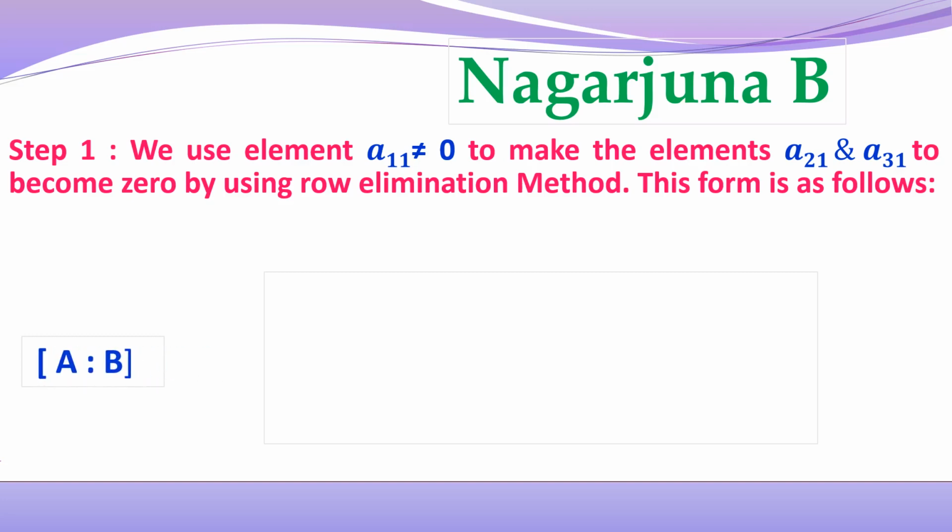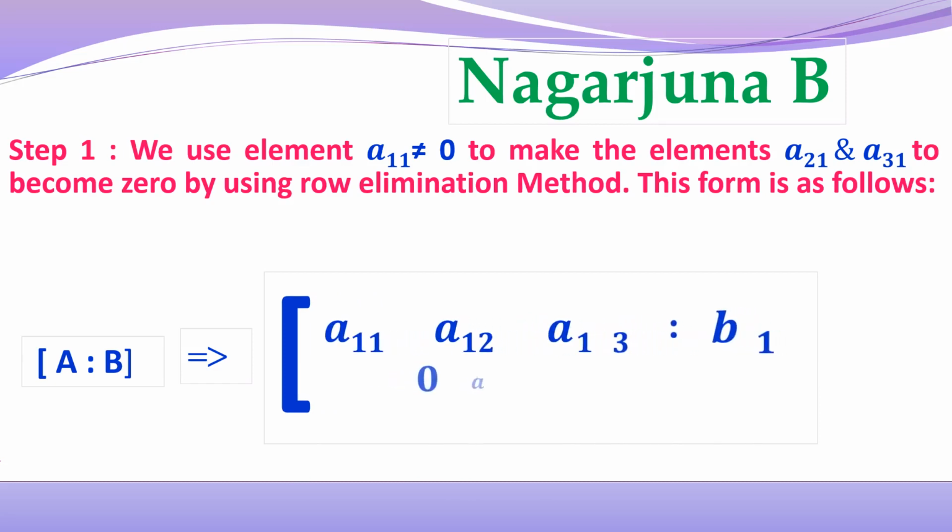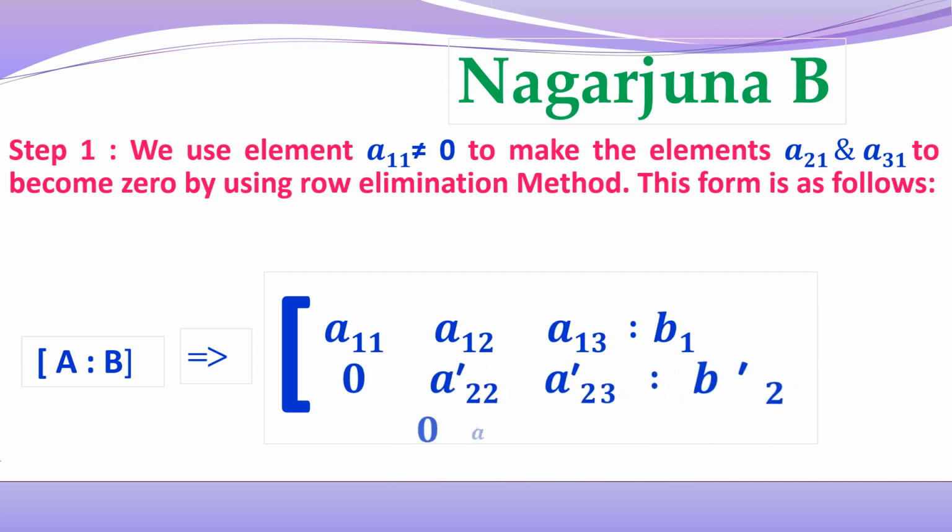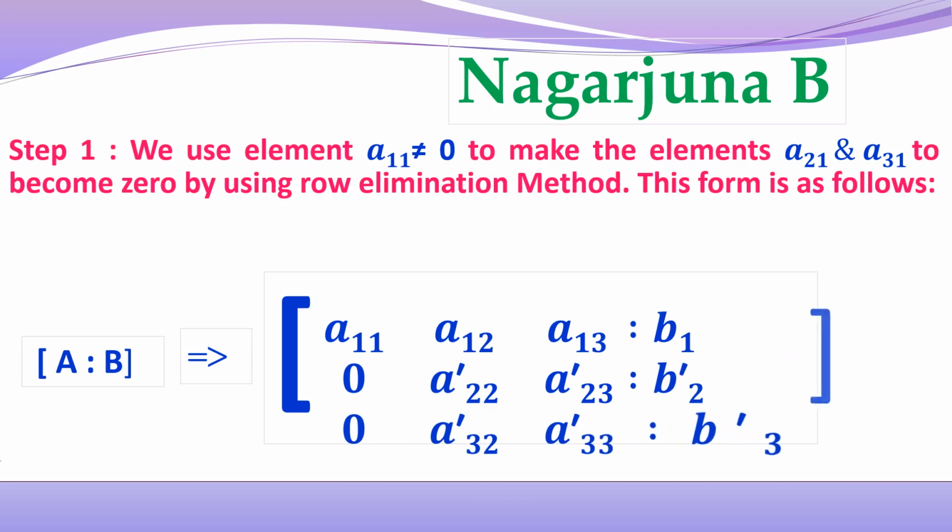The equivalent augmented matrix when we apply the first step will be a11, a12, a13 colon b1, 0, a'22, a'23 colon b'2, 0, a'32, a'33 colon b'3.